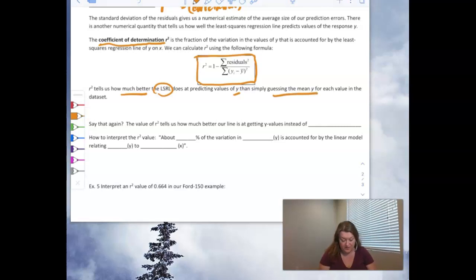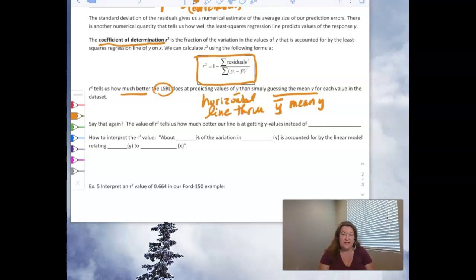And what is that number? We're going to do a horizontal line through y bar, which is another way to say mean y. So we have a scatter plot of data, and it might look linear and increasing: as x increases, y increases.